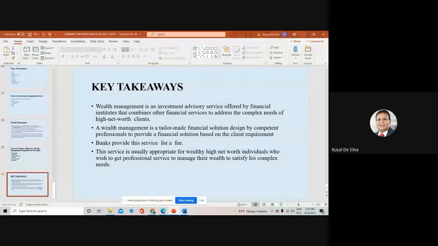Therefore, wealth management will basically be done by the companies or financial institutions on behalf of their very, very high net worth clients, not for individual clients with small amounts.